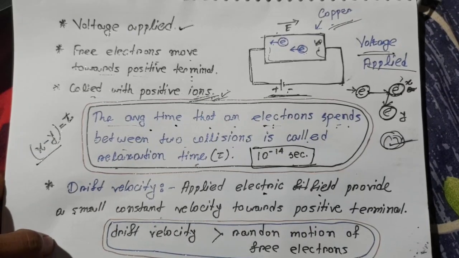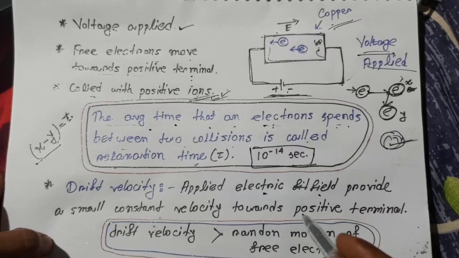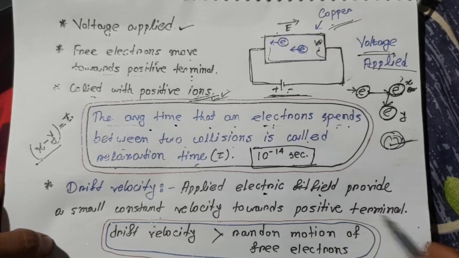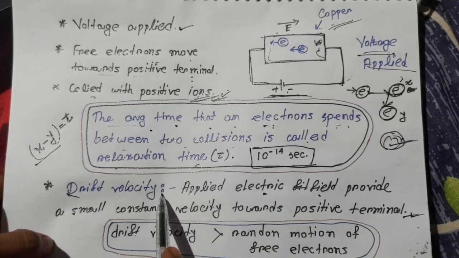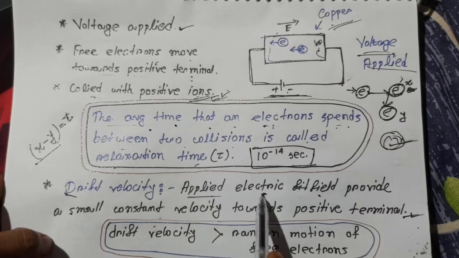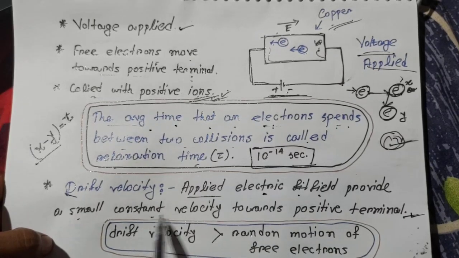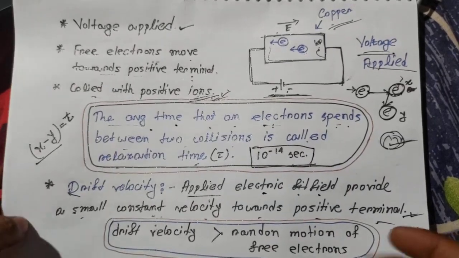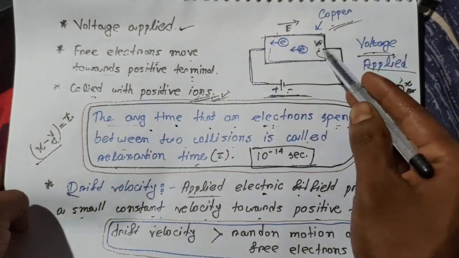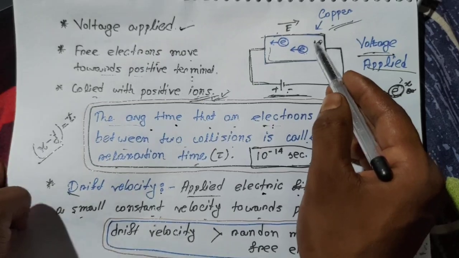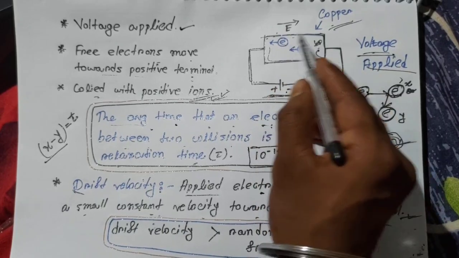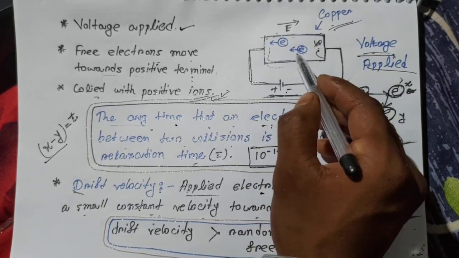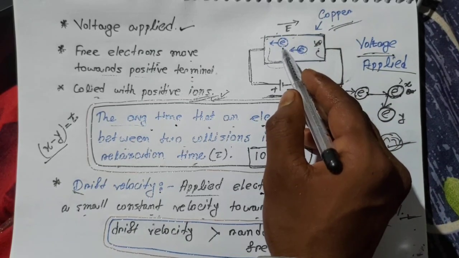constant velocity towards the positive terminal. So what is drift velocity? The applied electric field provides a small constant velocity toward the positive terminal. Let's make it clear. Normally, the free electrons of this copper wire are colliding with each other, but their average random motion is 0.